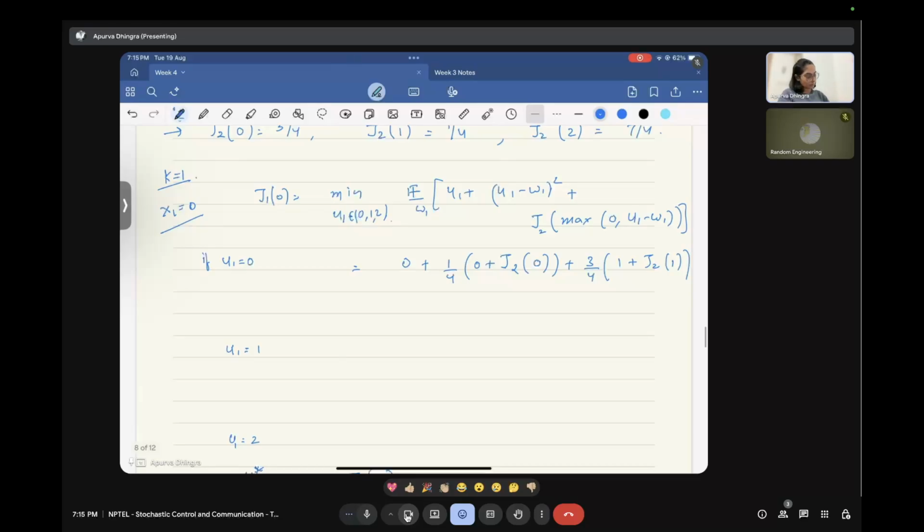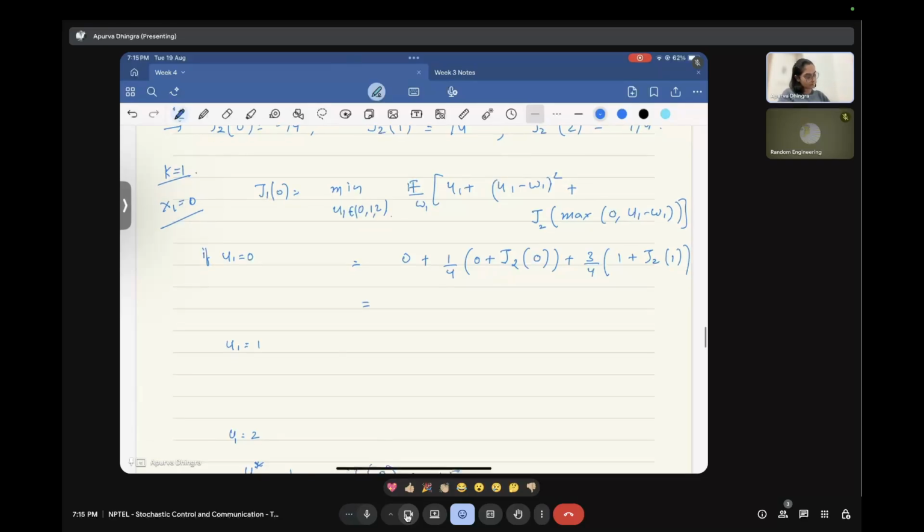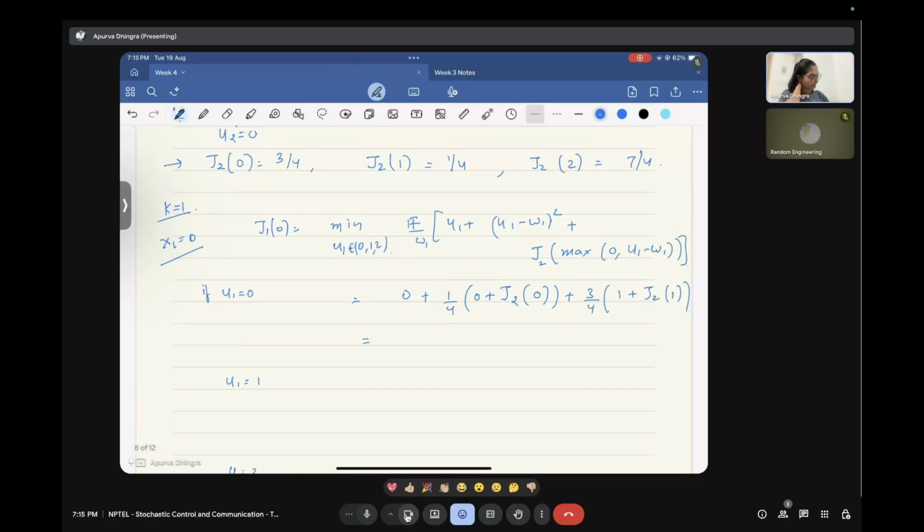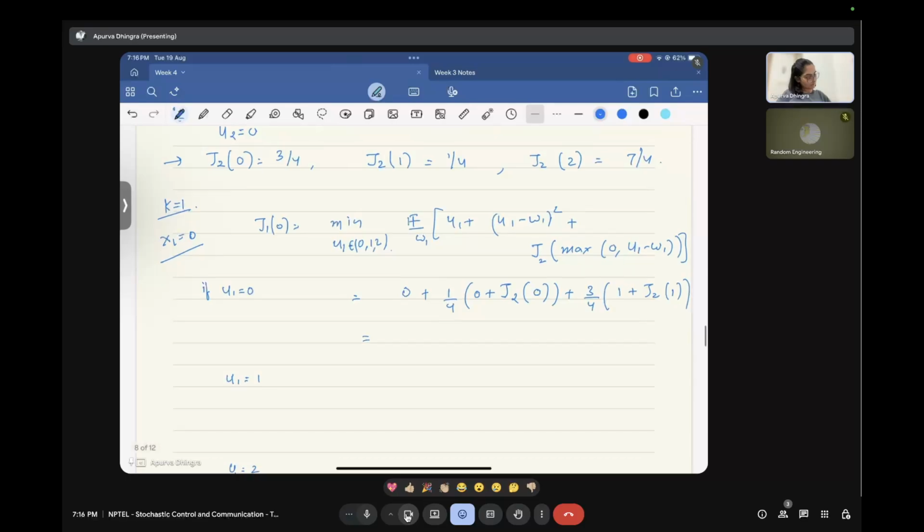Okay, so what would this turn out to be? 1/4, 3/4, 3/4, 1/4.